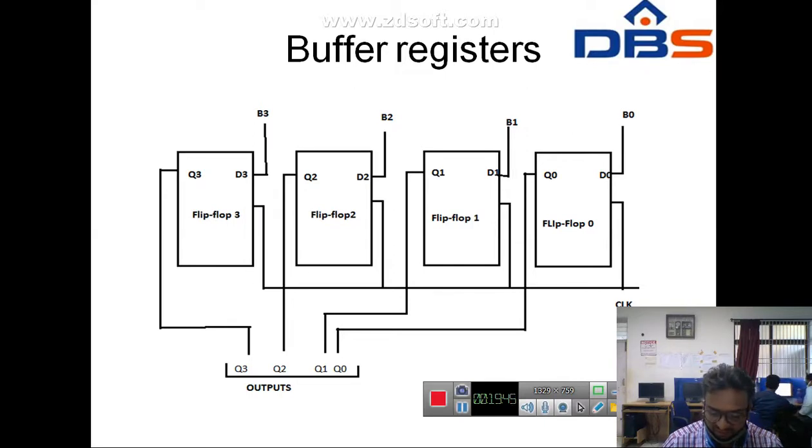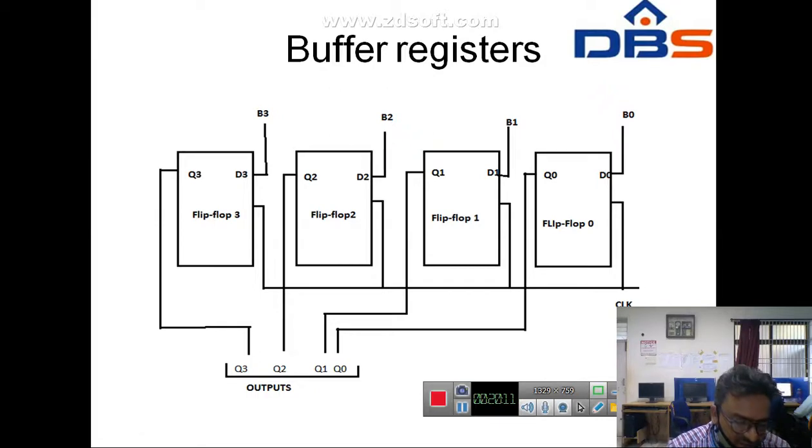Whenever the first clock pulse is applied, the stored binary word Q is equal to 1010. So the overall output of this diagram is whatever we applied at the bit positions B0, B1, B2, B3, that is 1010.